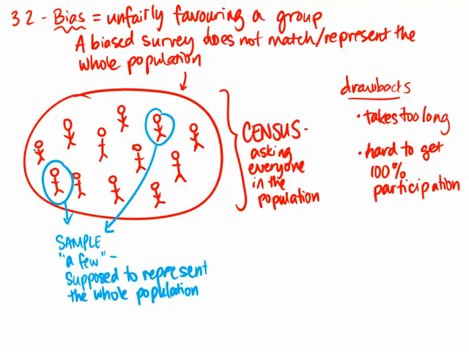For example, let's say half of the population wants more subways and the other half only wants streetcars and light rail. If I were to ask two people at random, and this was a good representative sample, half of them would want subways and half of them would want light rail. So it would represent everyone in the population.